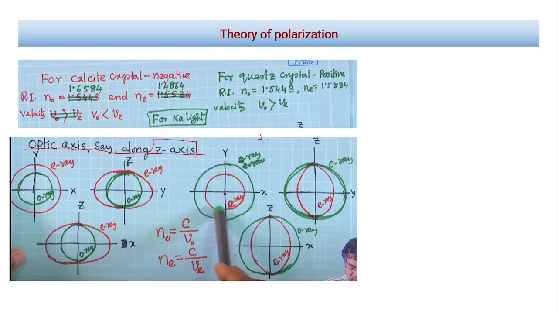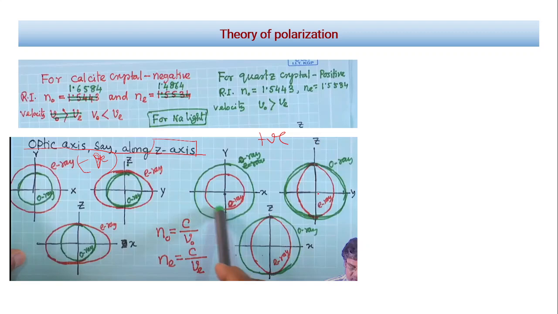Whereas when I take a positive crystal and plot in the xy plane, if z is the optic axis, then for a positive crystal the velocity of the E ray is less. This is velocity magnitude, along the x-axis and y-axis. So the velocity of the E ray is less and the velocity of the O ray is more for a positive quartz crystal. This was for a negative crystal.